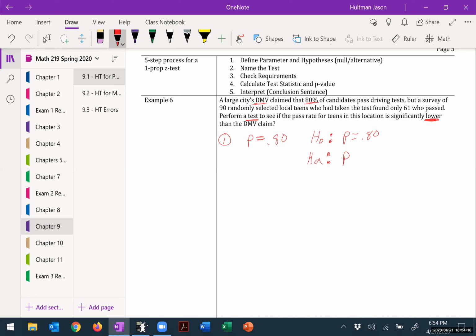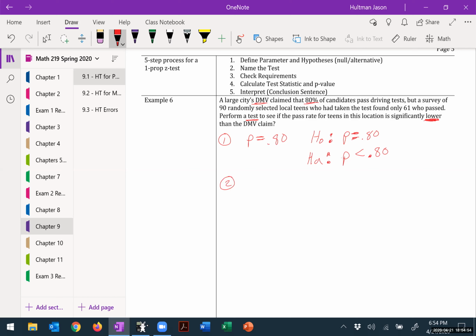In this case, we're looking to perform a test to see if the pass rate for teens in this location is significantly lower. So that implies that we're going to use a less than symbol. P is less than 80%. We want to know, is it less than, or is it equal or greater than? But we don't need to put the greater than. We're just testing against the equal sign. Okay, that's step 1. Step 1 is done.